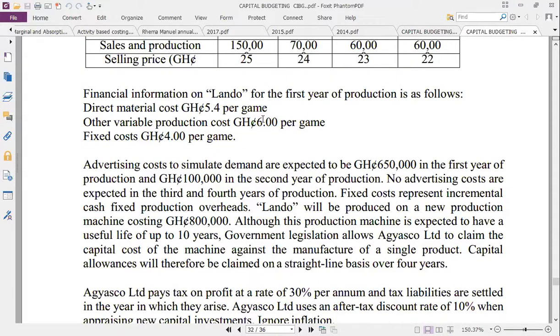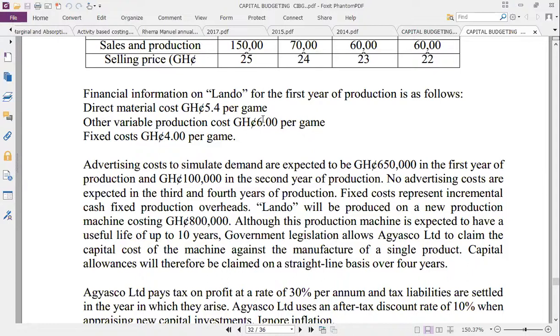Capital allowances will therefore be claimed on a straight line basis over 4 years. For that session, I will explain it first before we tackle the main question, because so far, that's the only issue that we've not explained.